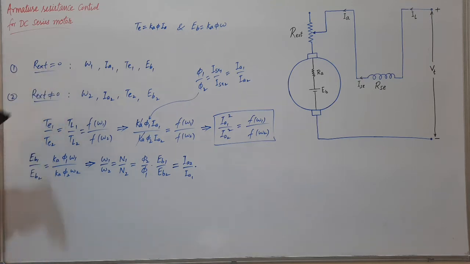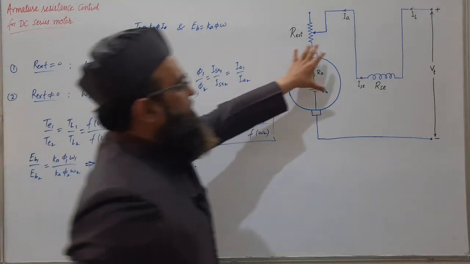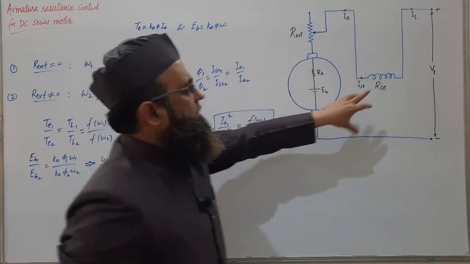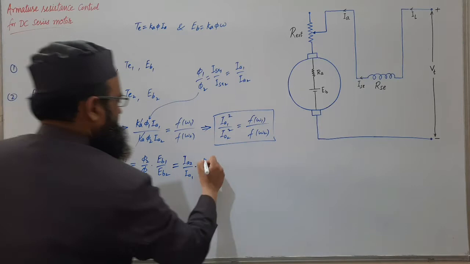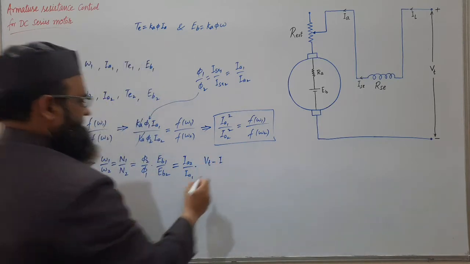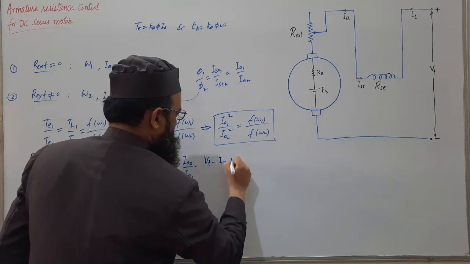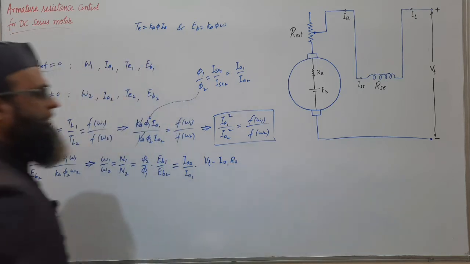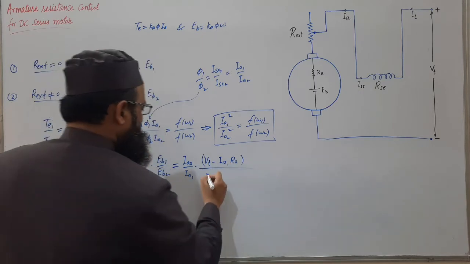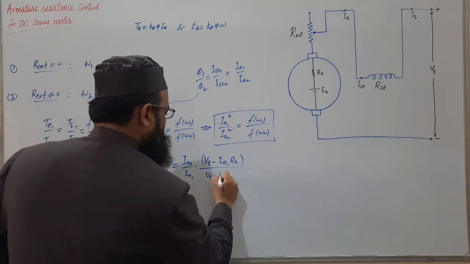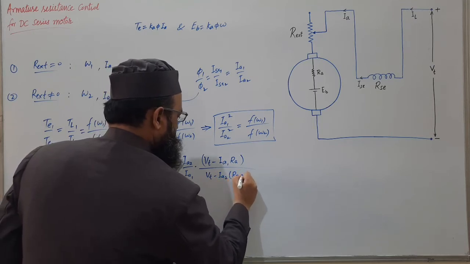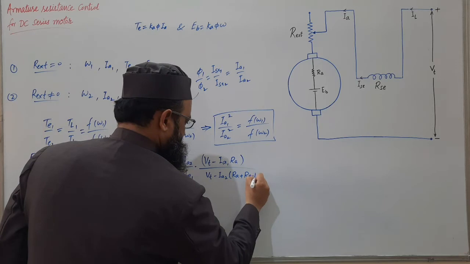So when REXT is 0, at that time, what will be the back EMF? Ignoring brush voltage drop, we may write Vt minus IA1 Ra, fine, upon Vt minus IA2 (Ra plus REXT).